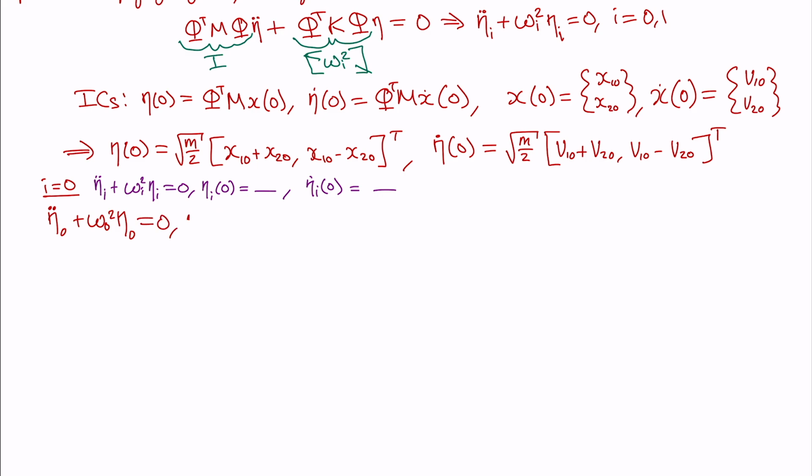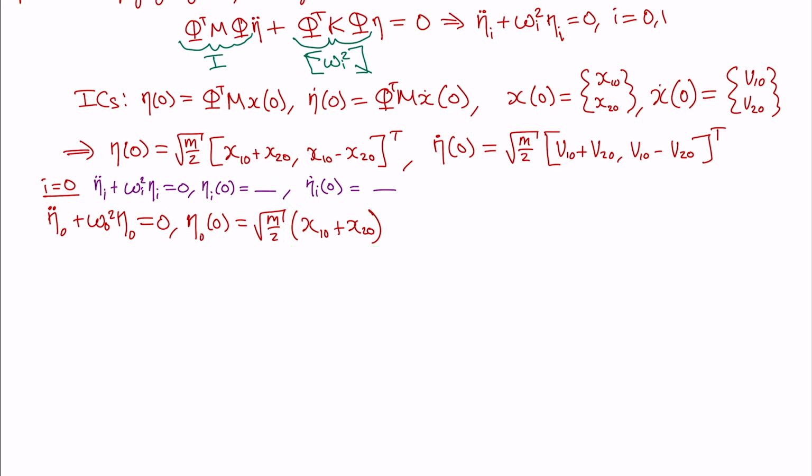The initial conditions here are eta 0 of 0 equal to square root of m over 2 times x10 plus x20. These are just the initial displacement of each mass. And you'll note that this comes from the first entry right above there where I said what eta 0 is. There was a question?